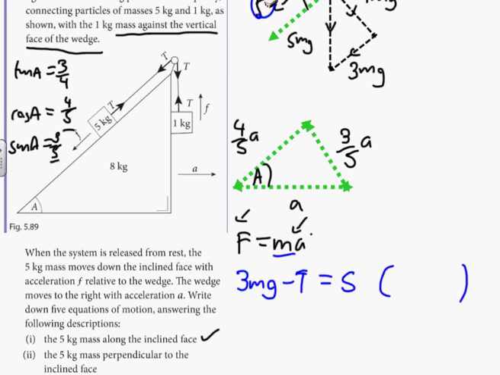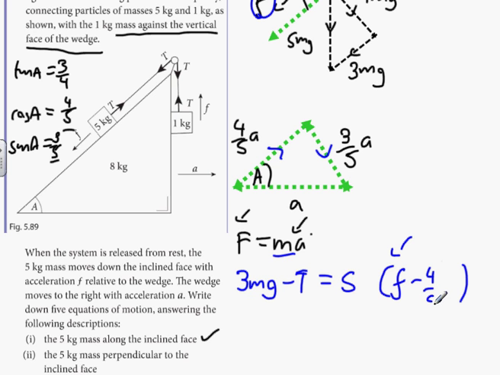And then 5 times what? Now f going down, what's working against the f? So the f going directly down, but what's working against the f is your acceleration caused by your wedge. It's our minus 4 over 5a.